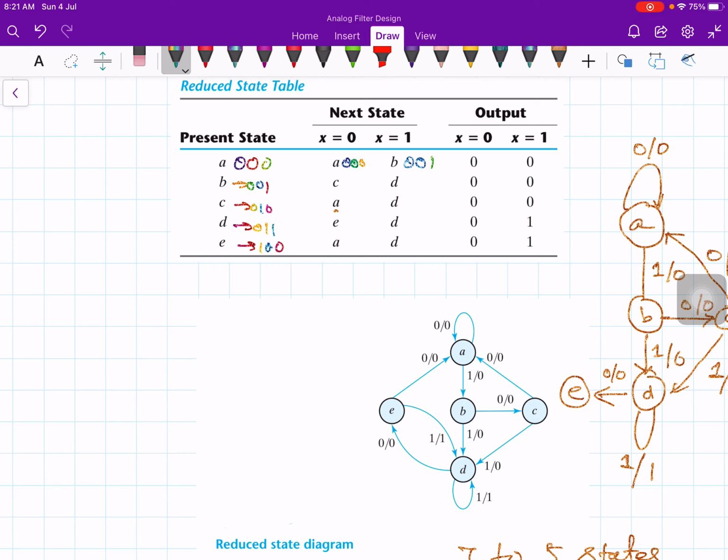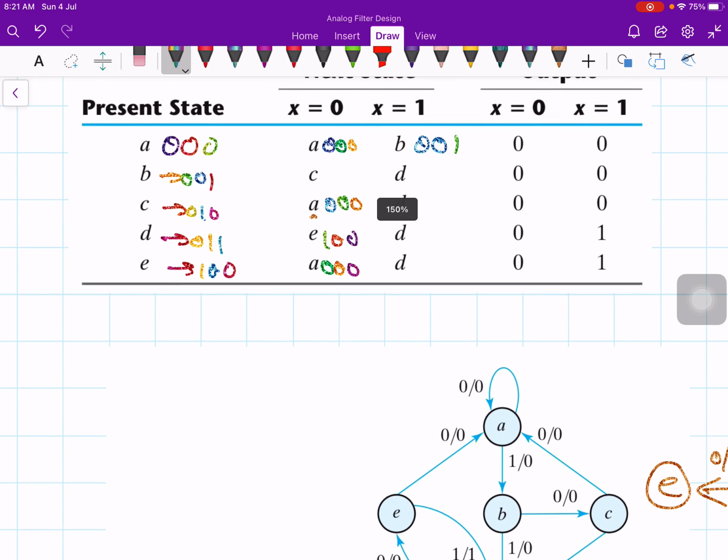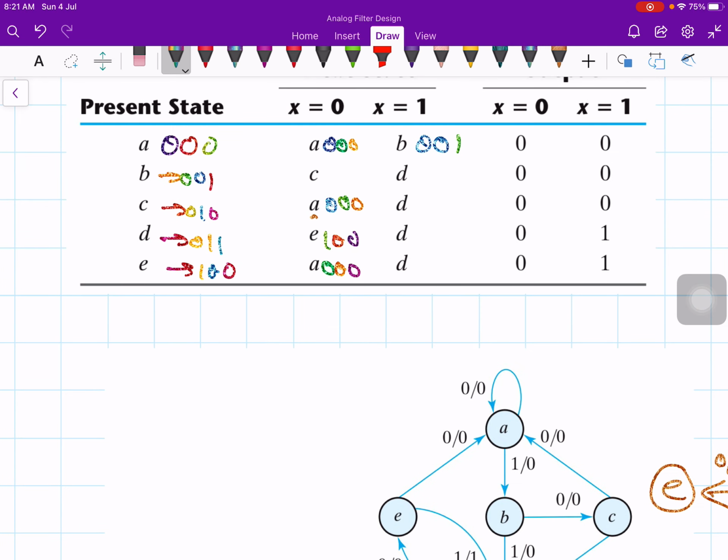Is that right? And A is 0 0 0, E is 1 0 0, and A is 0 0 0, and C is 0 1 0, D is 0 1 1, and then again 0 1 1.